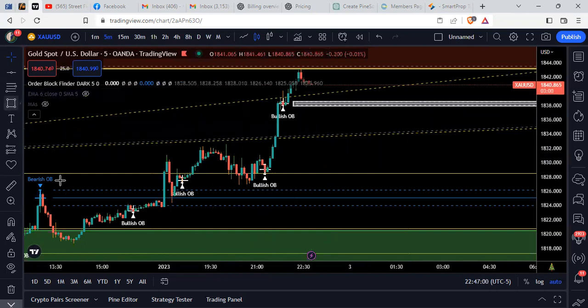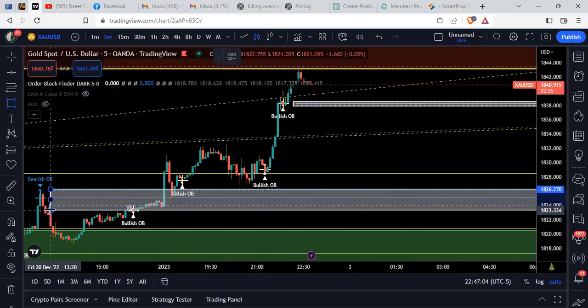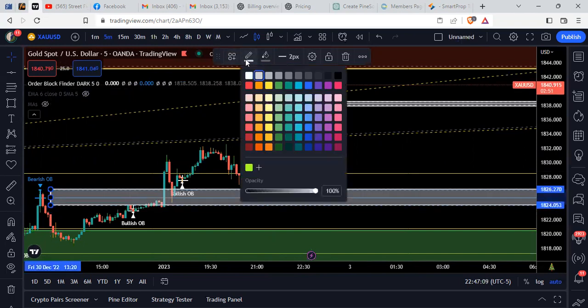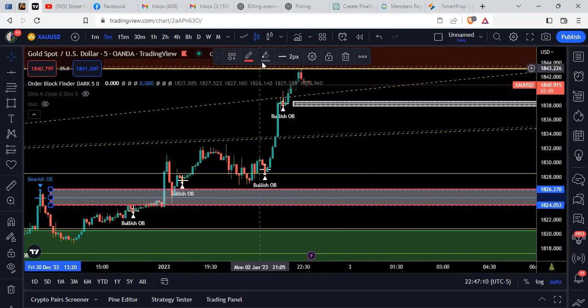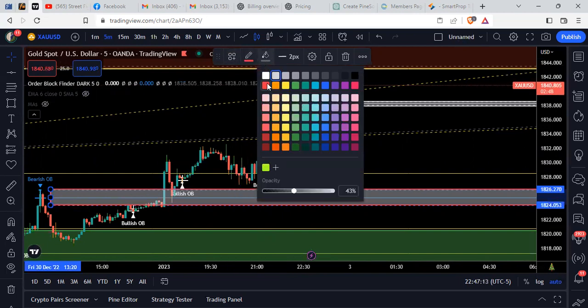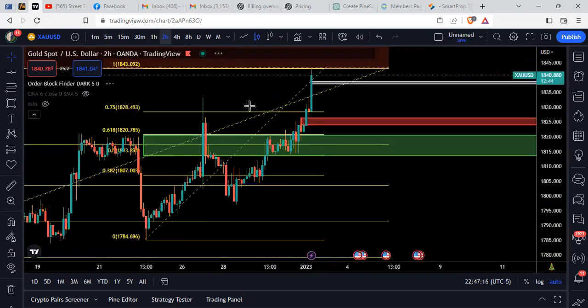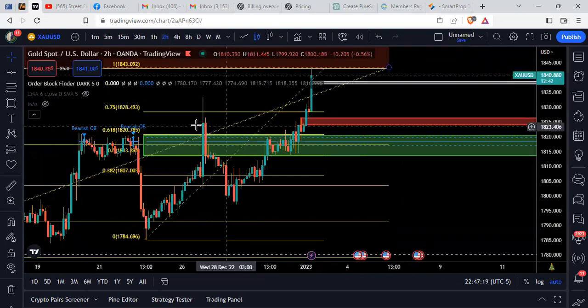Or she could come down here to this bearish zone. Erase this little fib.